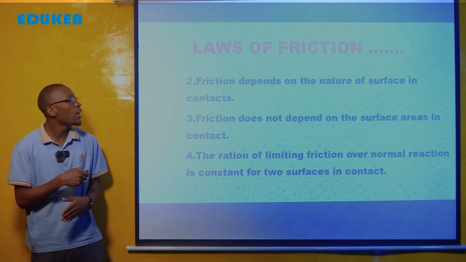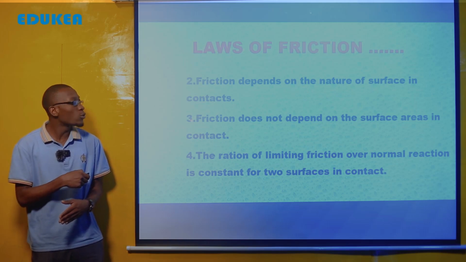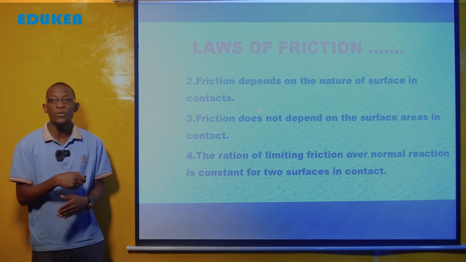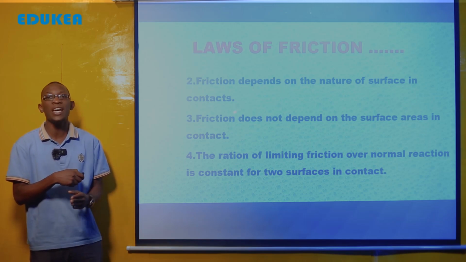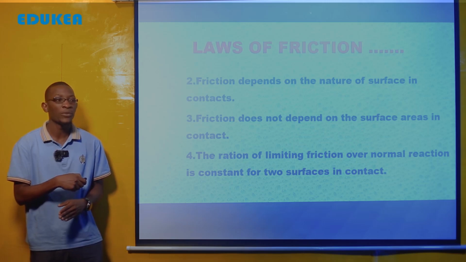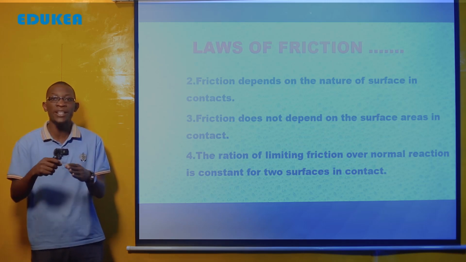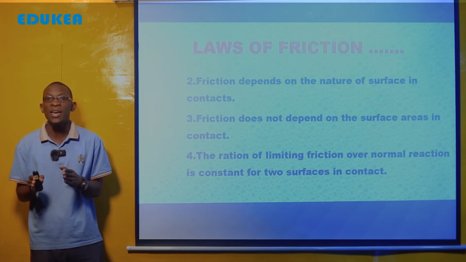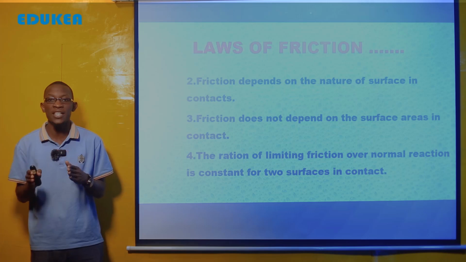Law ya tatu, the friction does not depend on the surface area in contact. So the friction force does not depend on size of areas in contact. It does not depend labda kwamba area ni kubwa so friction force inaongezeka. Hapana. Friction force haitegemeani na ukubwa wa eneo wala udogo wa eneo. Ila friction force inategemeana na nature ya surface.